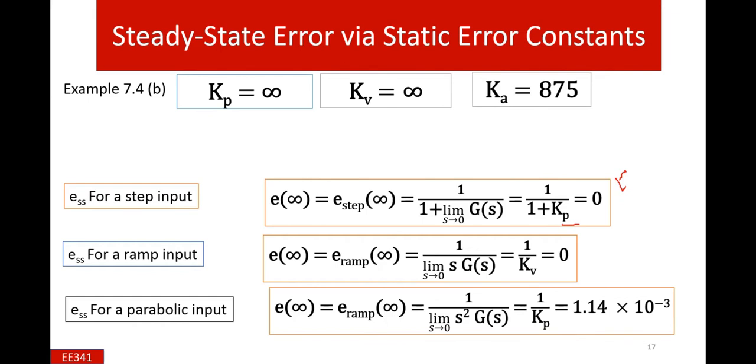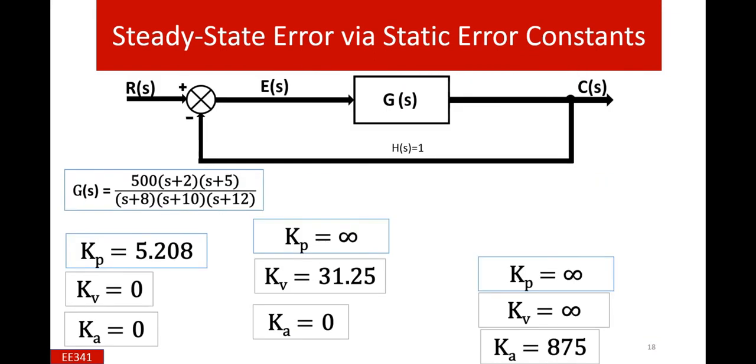But if we want to find the steady state error by using the parabolic input, then the steady state error is not 0, it is a constant value. This is the whole summary you have to take from this example, and this conclusion can also be deduced from the table. If the system is type 0, then the position constant is constant, but the velocity and acceleration constants are 0.